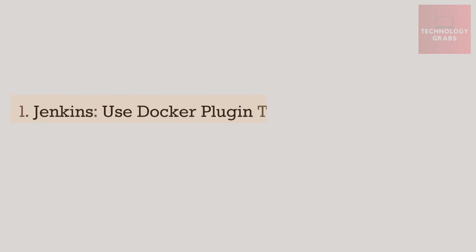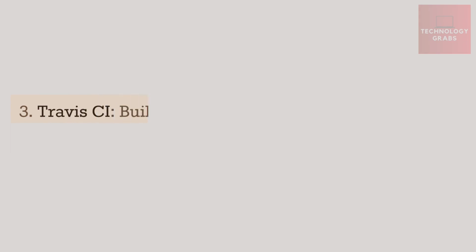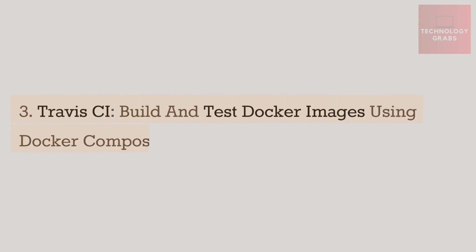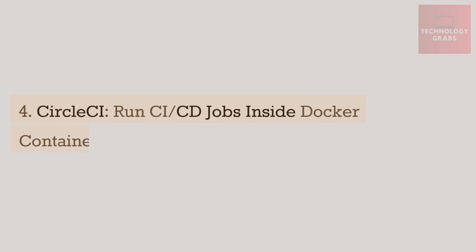Jenkins. Use Docker plugin to run Jenkins agents in Docker containers. 2. GitLab CI/CD. Built-in Docker support for building and deploying Docker images. 3. Travis CI. Build and test Docker images using Docker Compose. 4. CircleCI. Run CI/CD jobs inside Docker containers.